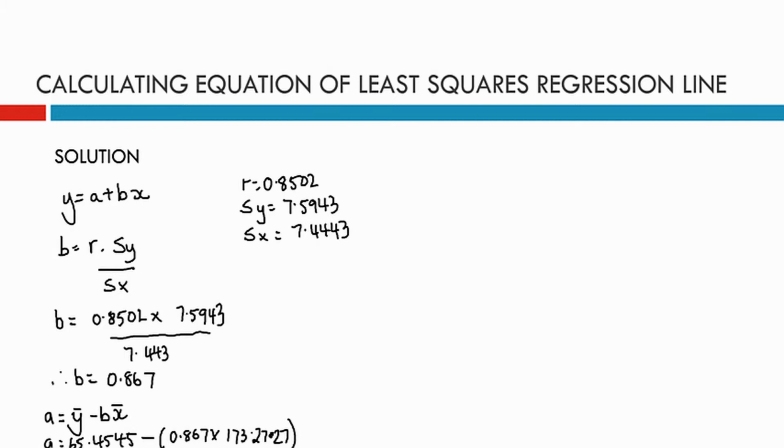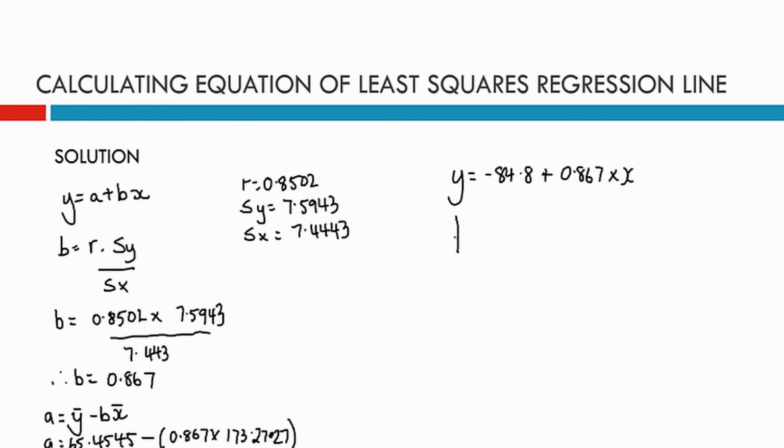84.8. Now we substitute it back into our equation, and we have y equals negative 84.8, because that's what the a was, plus the b we worked out was 0.867 times x. Now we don't need to put the times, but we'll just write it in there for now.